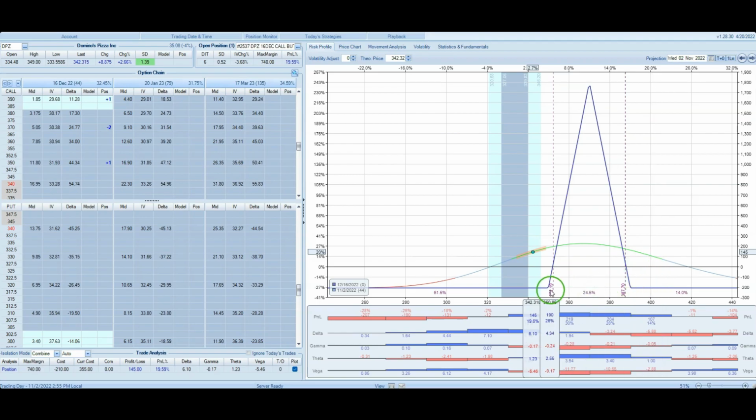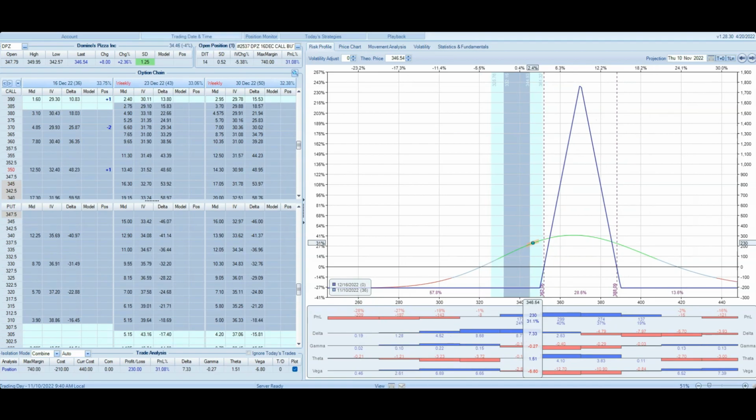Now, by rolling my 340 call up 10 points, I have introduced that upside risk. Now I have a 20-point wide debit spread and a 20-point wide credit spread. We have 44 days until expiration, and now we go forward to the following adjustment, which was 8 days later.